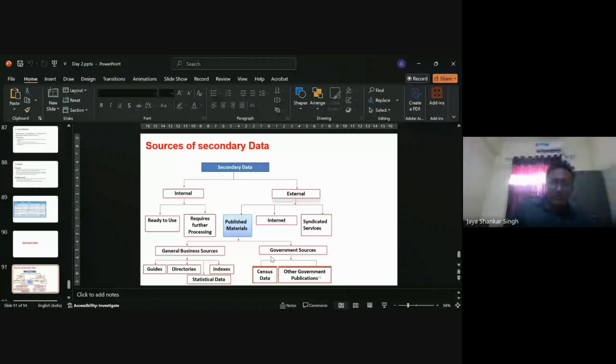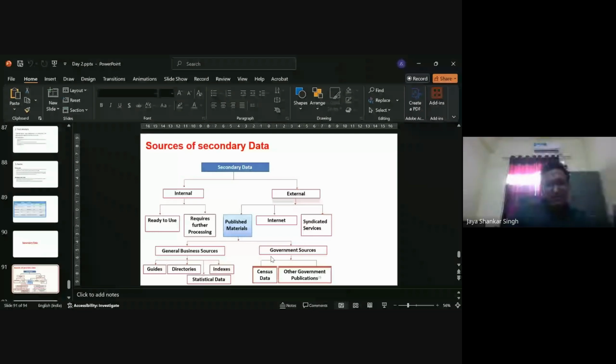Okay. External secondary data information. I gave the example of the company named Nielsen. They collect information from all retail outlets, be it a small kirana shop or a big mall. Okay. External में government sources are there.